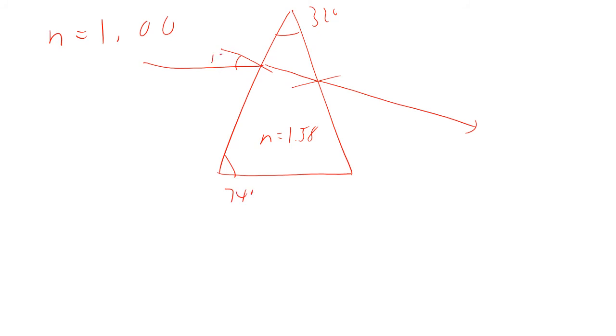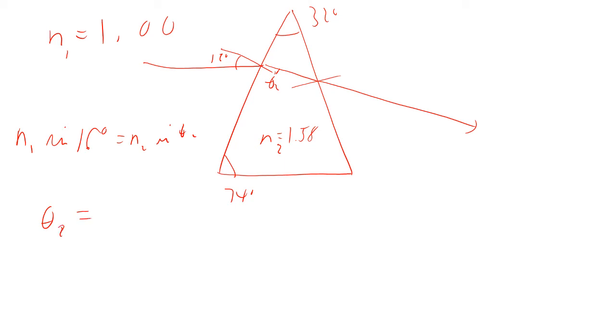That's still going to be 16 degrees. So the difference is now theta 2 is going to be different. So theta 2, once again, we have N1 sine theta 1. Theta 1, once again, 16 degrees, equals N2 sine theta 2.